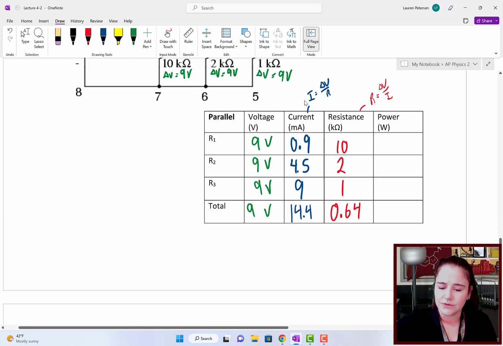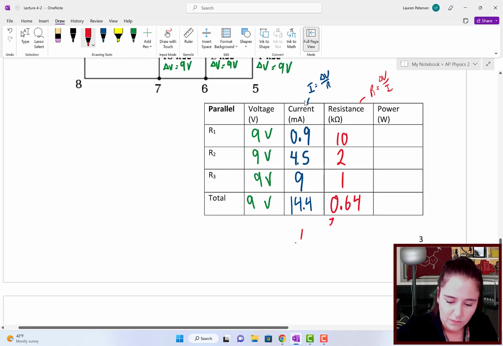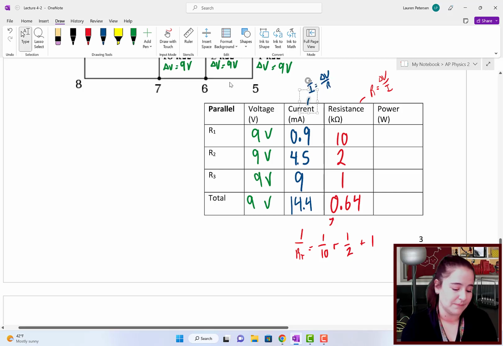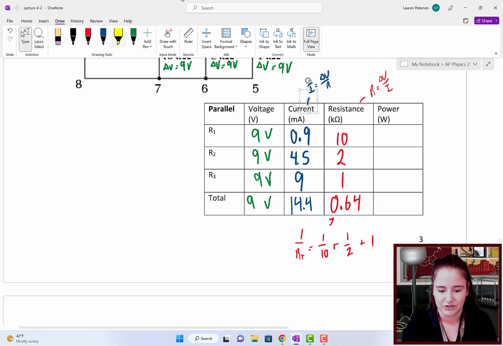And I do like to check that. 1 over R total equals 1 over 10 plus 1 over 2 plus 1 over 1, so 1 plus 1 over 2 plus 1 over 10. And then I take the inverse of that. And what do you know? I get 0.63. So a little off, but that's probably just due to rounding issues.